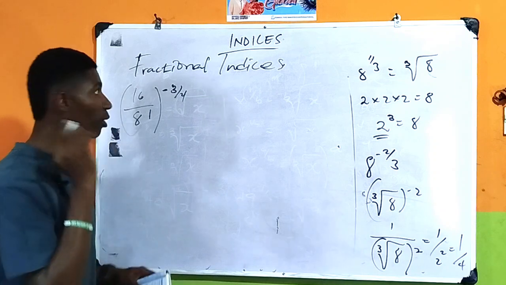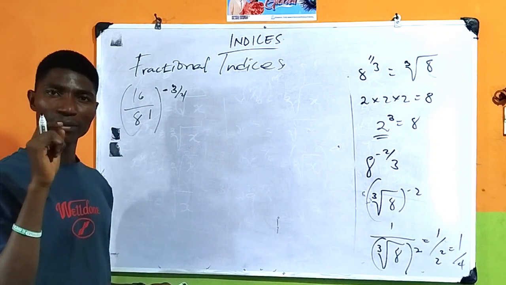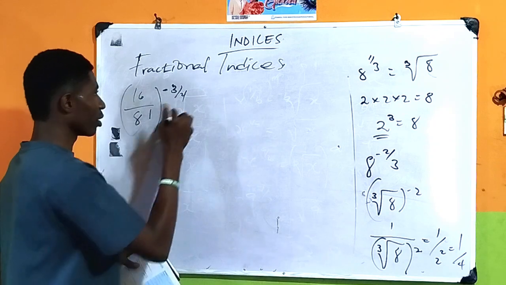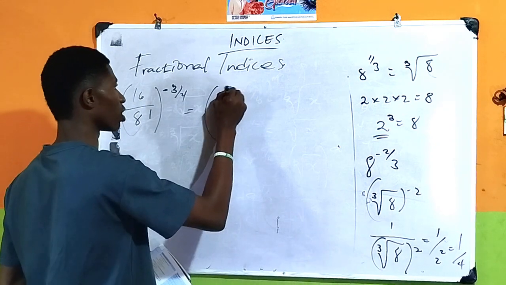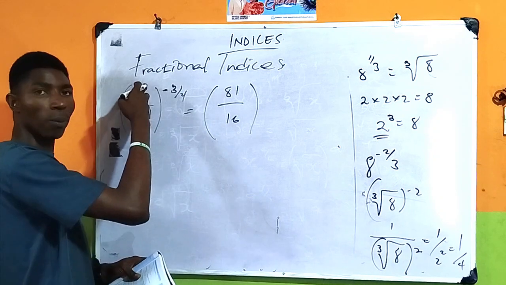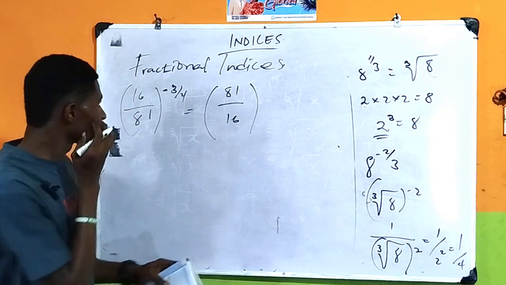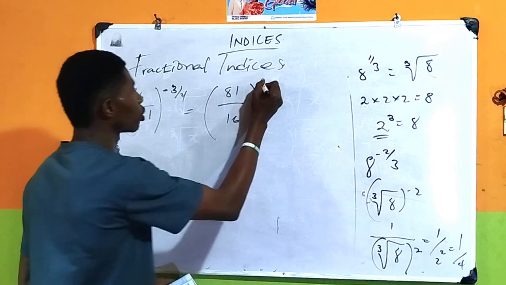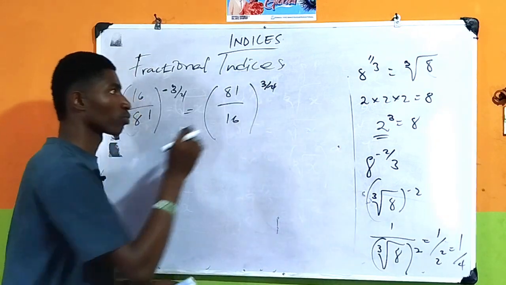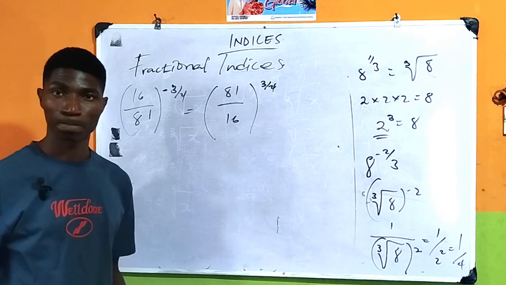As I taught you earlier on, when we have a negative index, you can reciprocate your expression. The 1 will come at the top and 16 will come down. Reciprocation. So what are you left with? You're left with 3 over 4. The negative now disappears after the reciprocation.